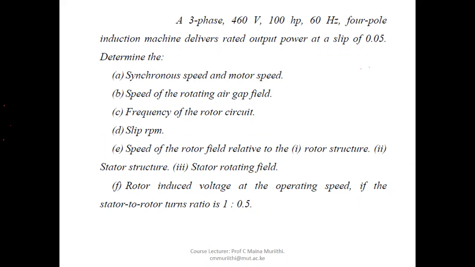Determine the synchronous speed and motor speed, the speed of the rotating air gap field, the frequency of the rotor circuit, the slip RPM, the speed of the rotor field relative to A, rotor structure, B, stator structure, and C, stator rotating field. And F, the rotor induced voltage at operating speed if the stator to rotor ratio is 1:0.5. So let us have 5 minutes to think how we can solve that, and then we look at the solution together.